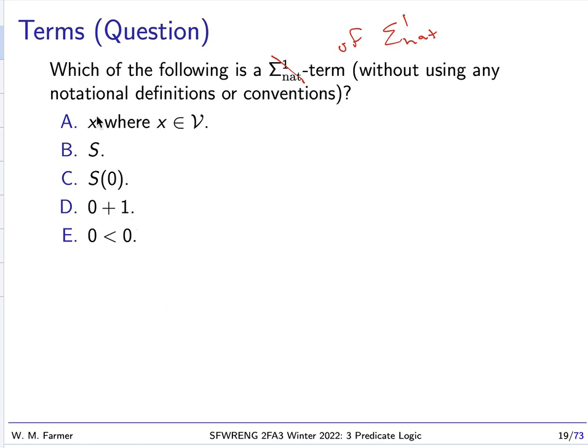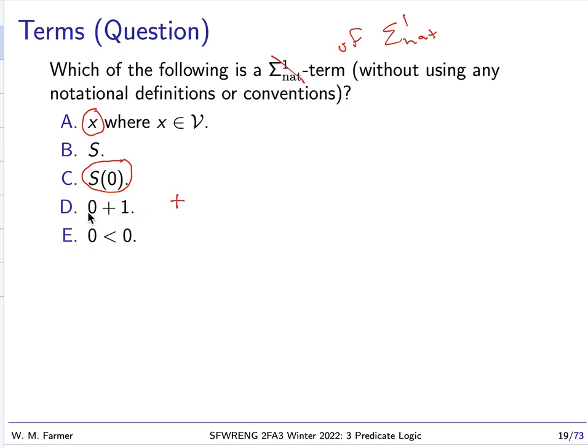Okay, welcome back. Well, x is certainly one. All variable symbols are terms for every signature. s is not a term. s is a function symbol. Function symbols need to be applied to things to be terms. This is a term because s is a function symbol of our signature and 0 is a constant symbol. This is not a term because it's not written in the right form.